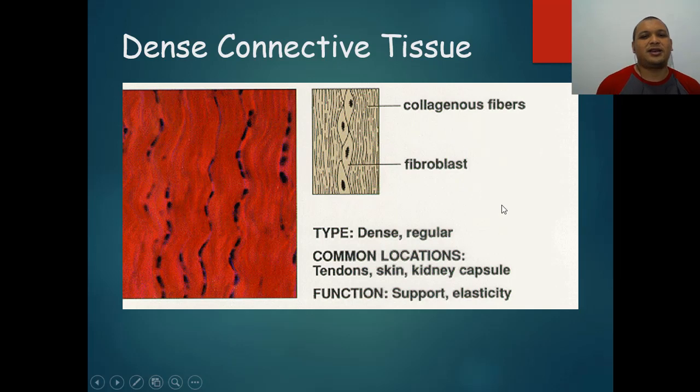We can find it in many places in our body. The easiest one to recognize is the tendons. In terms of function, it's almost similar to the previous one, which is support and elasticity. Other than tendons, we can find it in skin and also in the kidney capsule. The part that wraps the kidney is made from dense connective tissue.